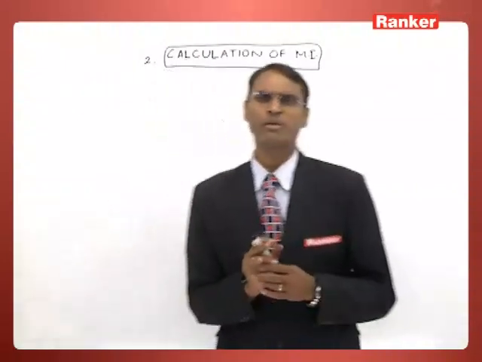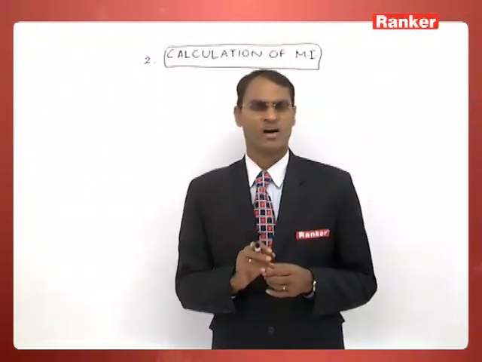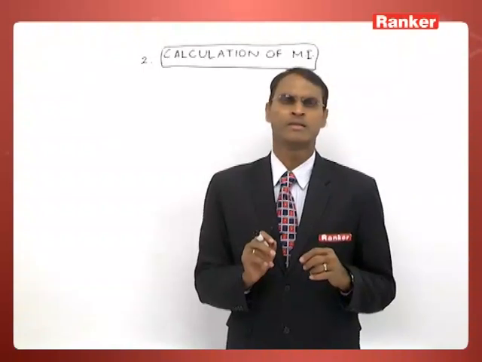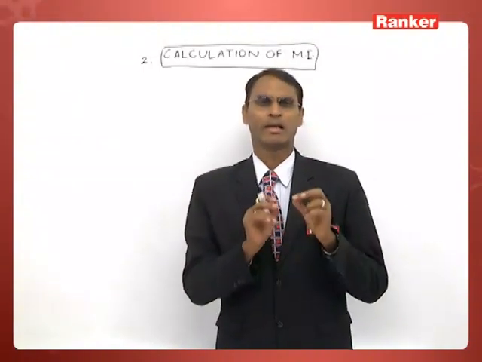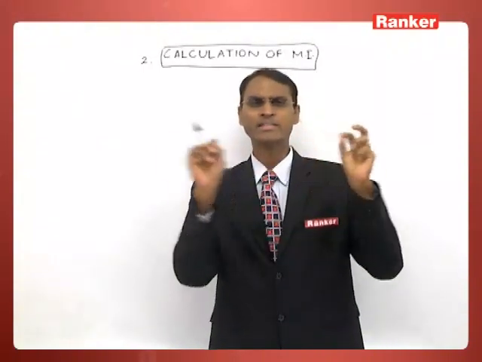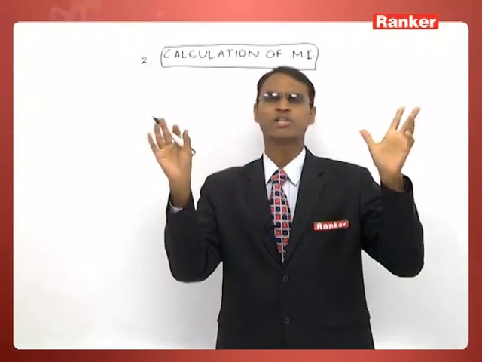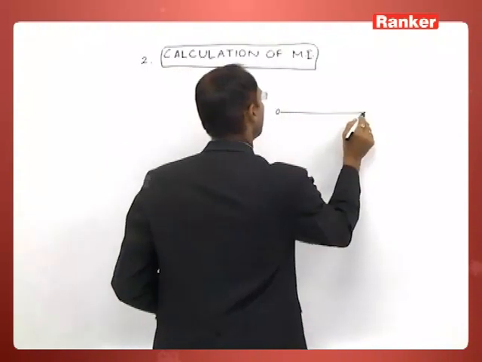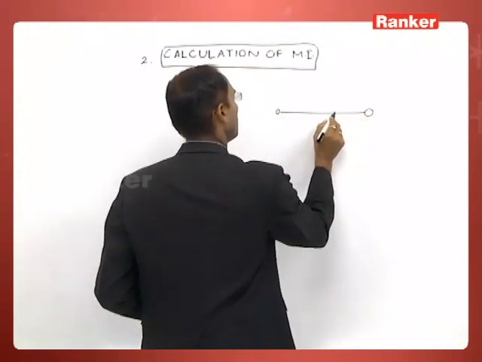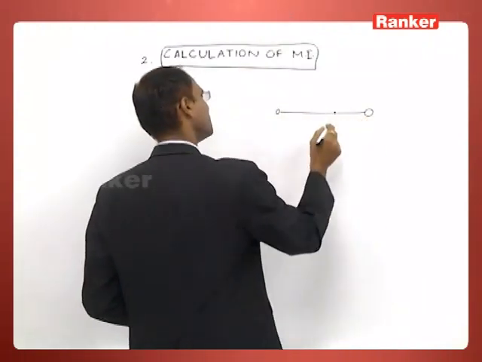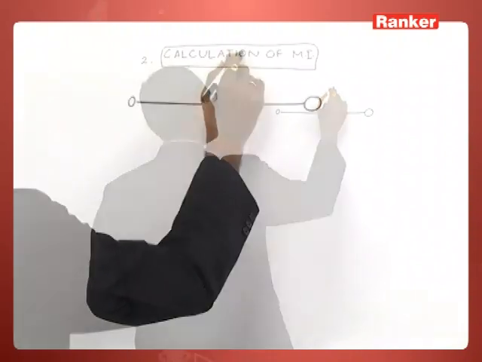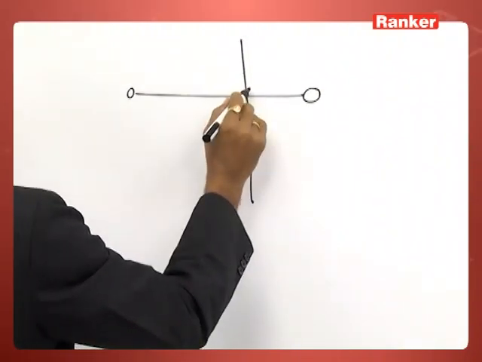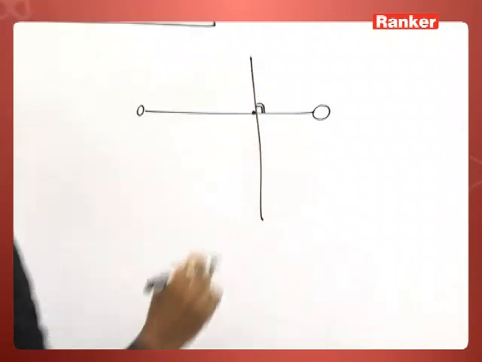Well, let us calculate the moment of inertia of two particles connected by a light rigid rod about the center of mass axis perpendicular to the rod.